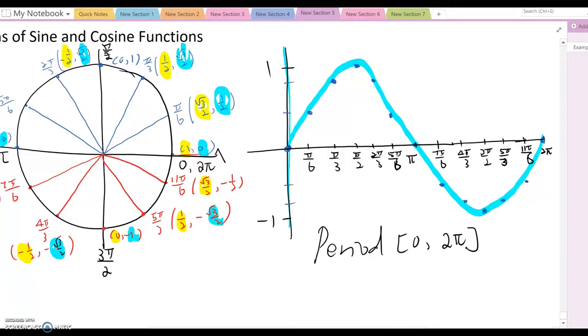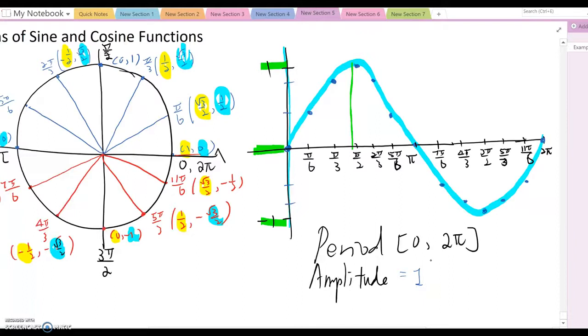Now, for the basic parent function of sine x, what's the amplitude? Amplitude means the distance from the center to either the maximum or minimum here. You can do it either way. From here to here, the total becomes 1. So in this case, the amplitude becomes 1 basically.